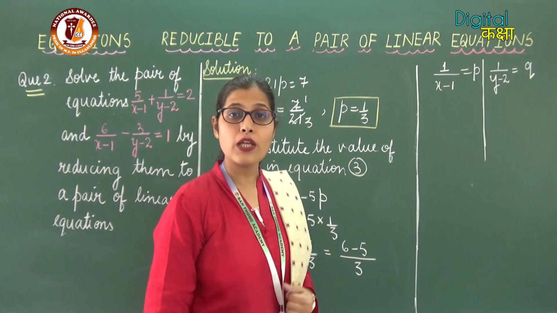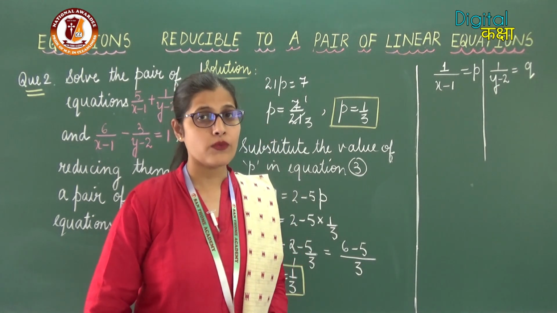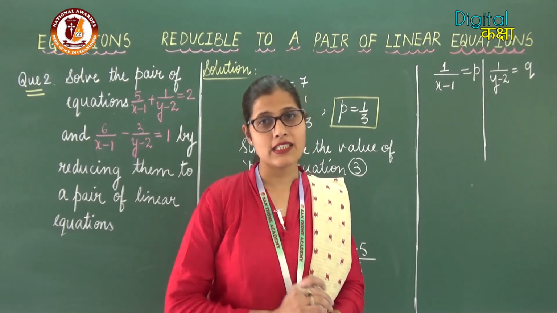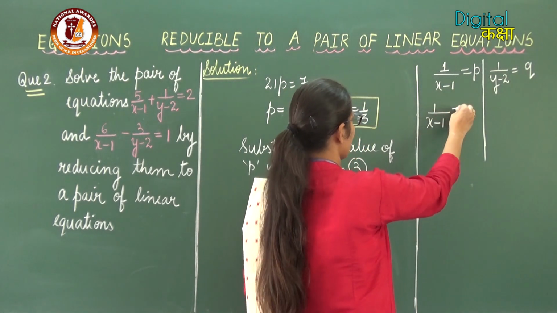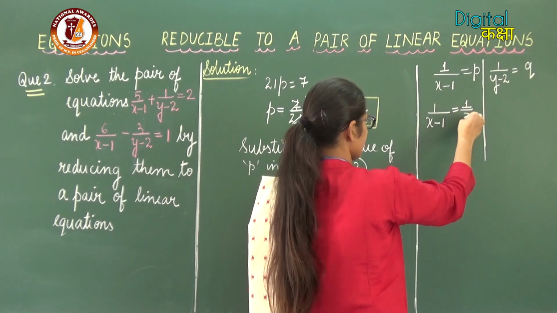So, to get the value of variable x and variable y, we will equate it to the value of p and q. Therefore, 1 upon x minus 1 will be equals to 1 upon 3.